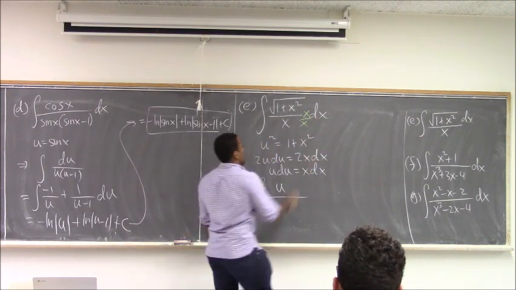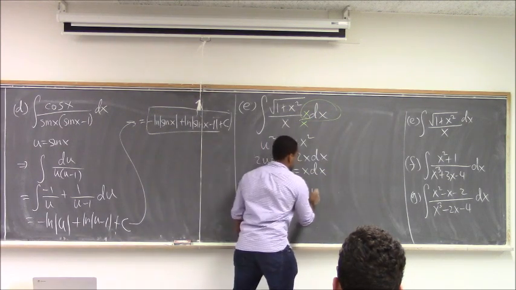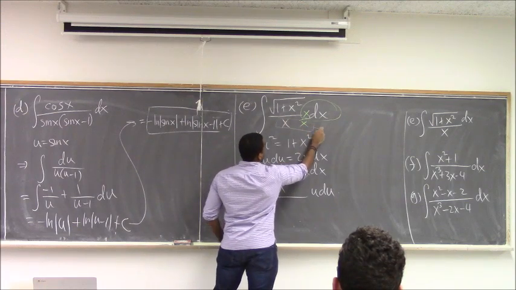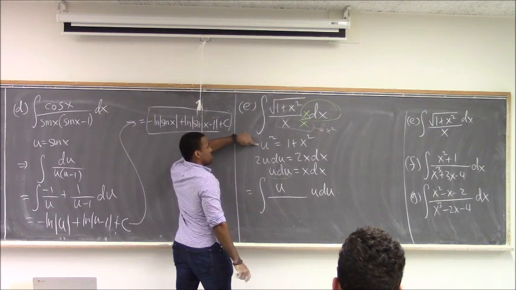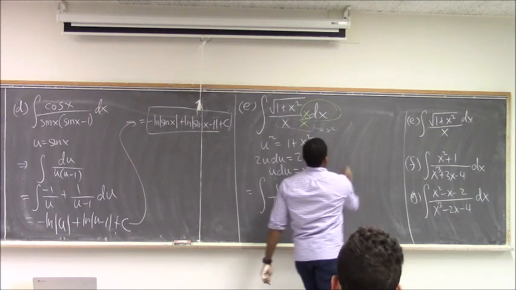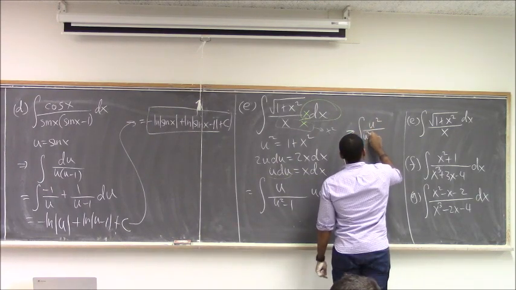The x dx here is now your u du. And then the x times the x here gives you an x squared. You can solve for x squared from here. Your x squared is actually going to be u squared minus 1. This guy becomes u squared over u squared minus 1.